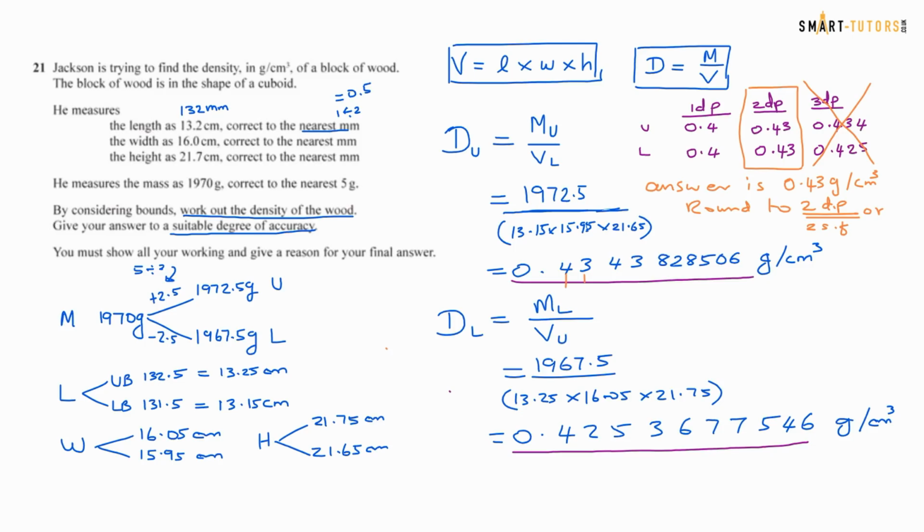You can also say 2 significant figures, because 2 significant figures is the same in this case. Here the leading 0 is not counted as a significant figure, so the first significant, second significant. So both answers can be rounded to 2 significant figures or 2 decimal places to 0.43. So that is the end of question 21.